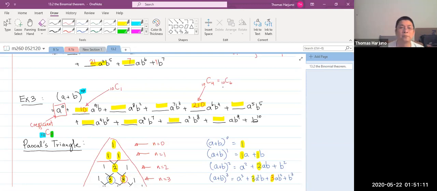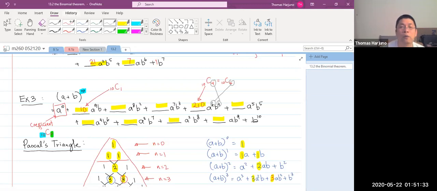Do you get that? What I want to say is this: the 4 here is the exponent for b, but if you happen to use the exponent for a, you will get the same number.